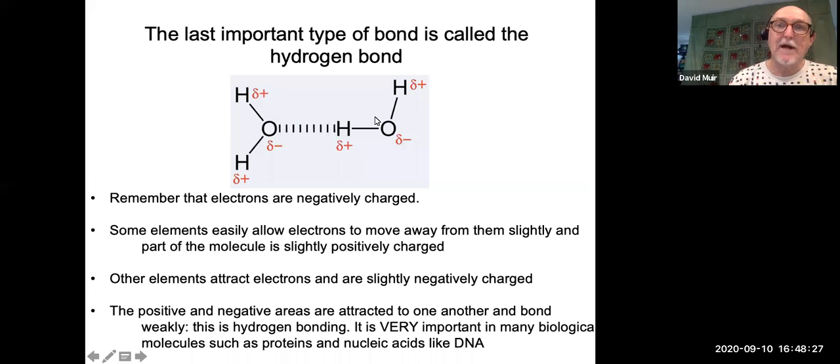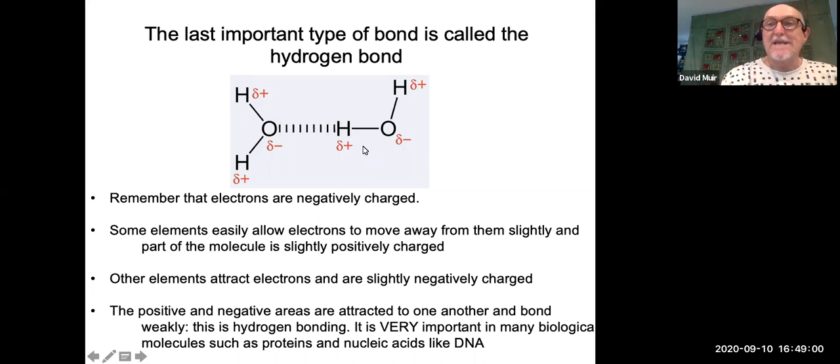And because they spend more time around the oxygen, it starts to acquire a bit of a negative charge. Here it's described as delta negative. So think of that delta, it's telling you that on balance, the oxygen is slightly negative and the hydrogens are slightly positive.